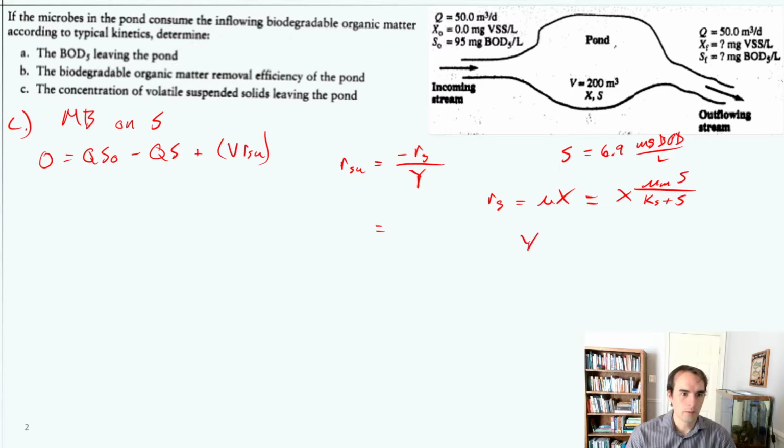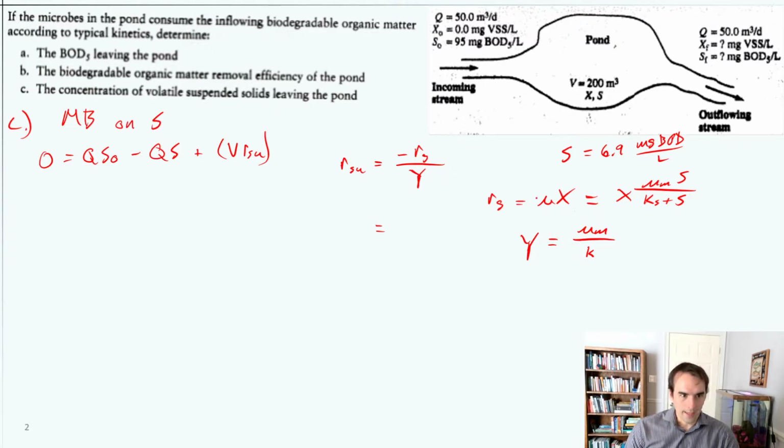Y, this uppercase Y, is related to mu max and this lowercase k. So Y is equal to mu max divided by little k. So we learned both of those equations last time. You'll have both of these equations on your exam.